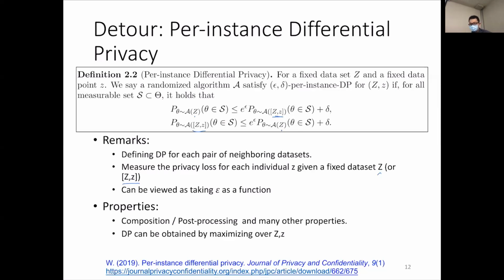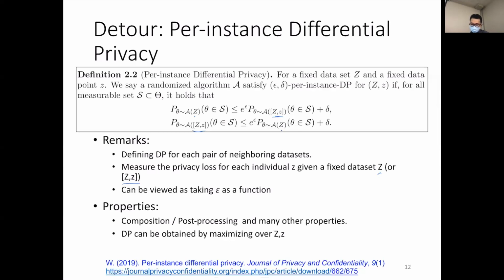So here we're parameterizing this privacy loss parameter as a function of all possible neighboring pairs. Instead of just a single number summary, we would like to get a function where we can plug in the specific pair of neighboring data sets, and it could potentially return different numbers. Sometimes it's as big as the worst case upper bound, and in other cases it could be orders of magnitude smaller.